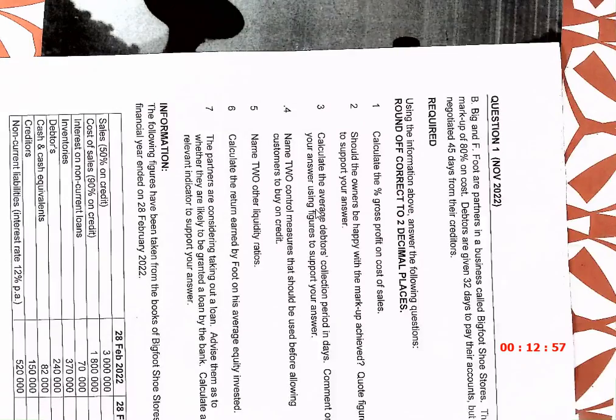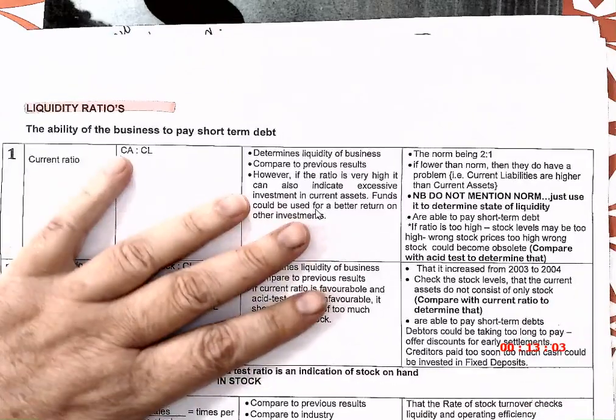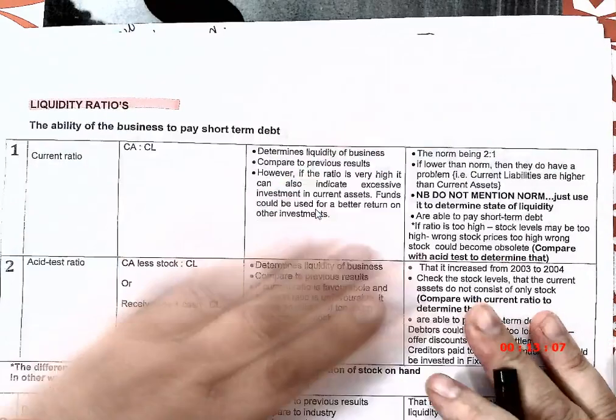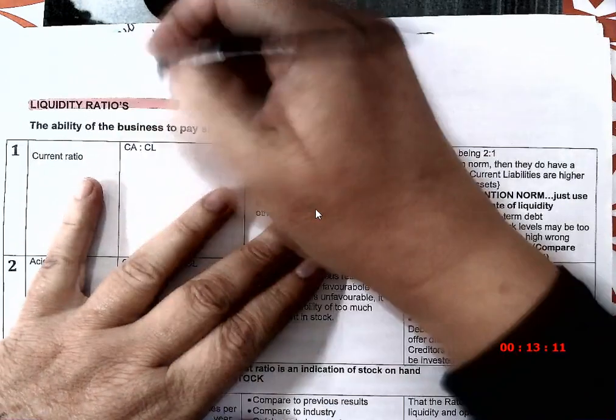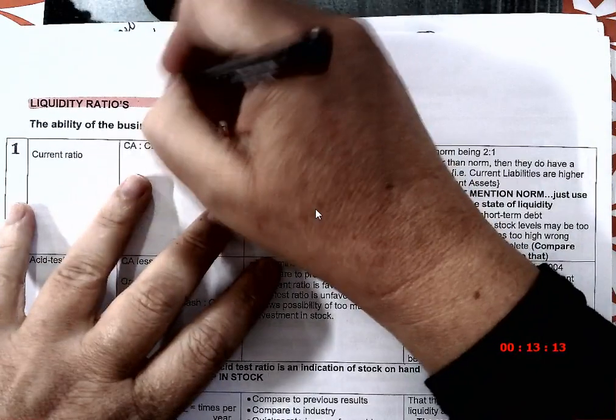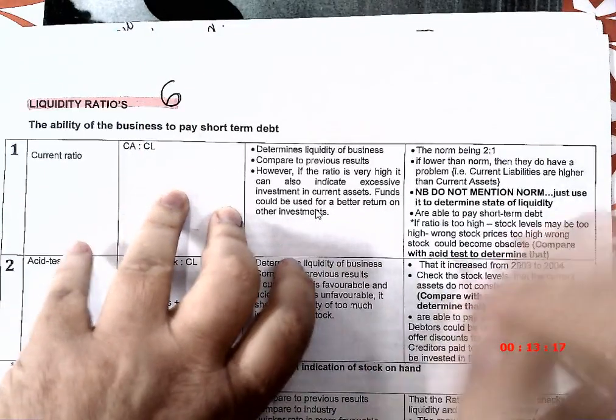Now let's go to liquidity. When we go to liquidity, I'm going to teach you a song. But before I teach you the song, I just quickly want to write the song's words for you here. Liquidity is 6 ratios, and you will see that those 6 ratios work in 2s.